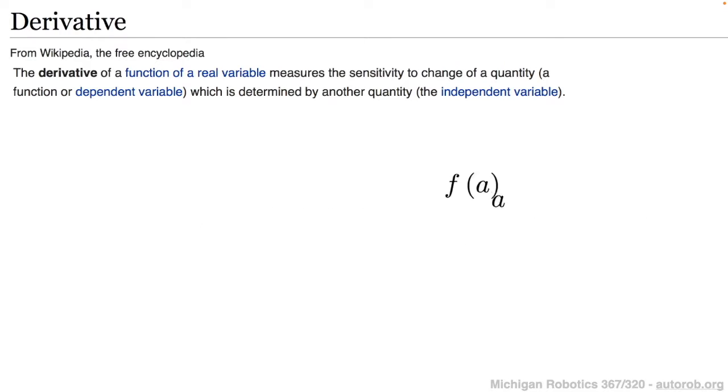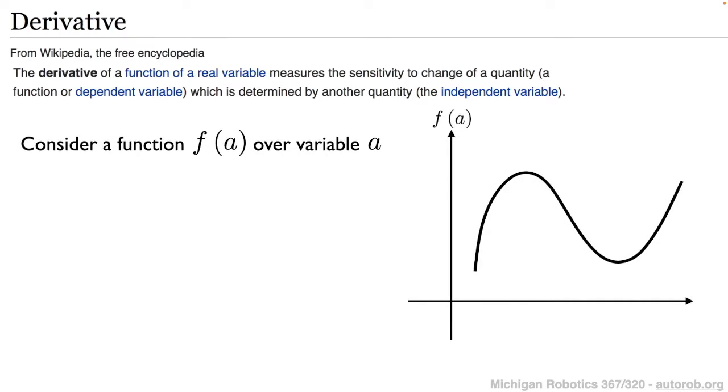To pick a particular example, so we can build some visual intuition about what derivatives and these rates of change represent, here on this slide we have picked some function f, which is a function of the variable a. On the horizontal axis we're plotting that variable a, and the vertical axis denotes the value of the function evaluated at each point along that horizontal axis.